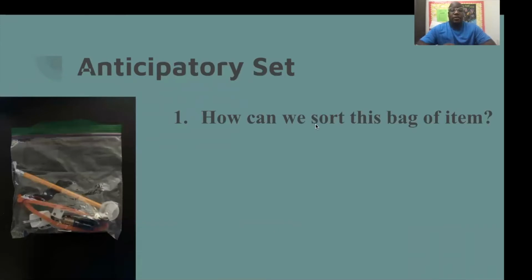The anticipatory set. So we have a bag right here, and today we're going to sort this bag. What do you guys think we're going to sort this bag into? Let's think about our learning objective for today. How do you guys think we're going to separate this bag?